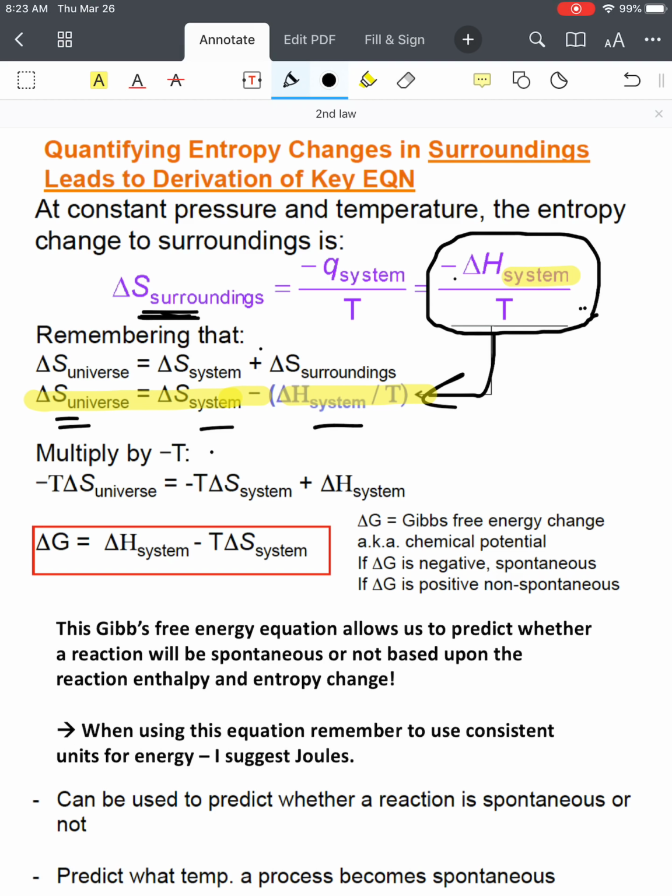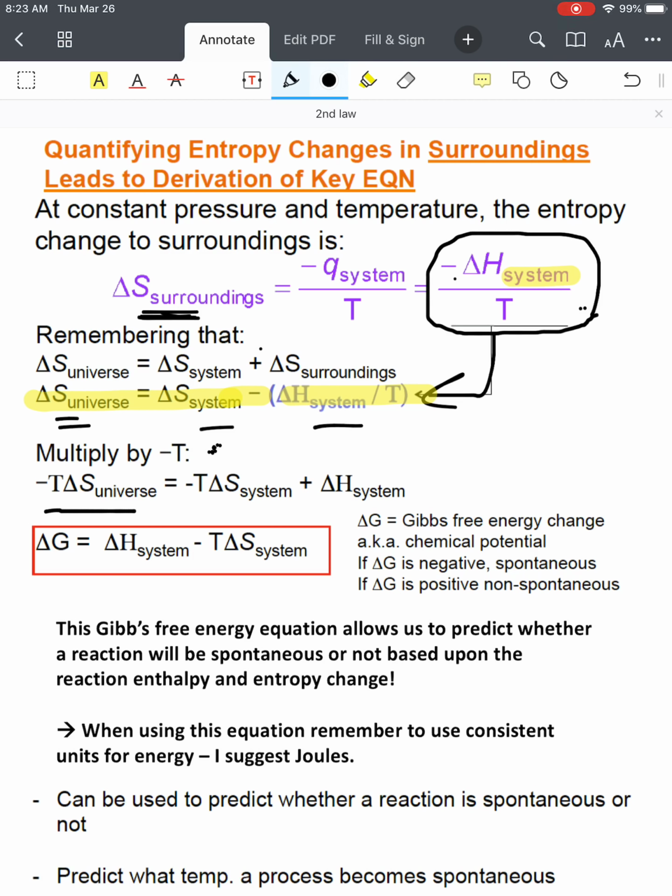The first thing that we're going to do is we're going to multiply both sides by negative T, where T is the Kelvin temperature. So if I multiply both sides, on the left I get this statement. Negative T times delta S universe. Okay, because I multiply both sides by negative T, that only changes that.